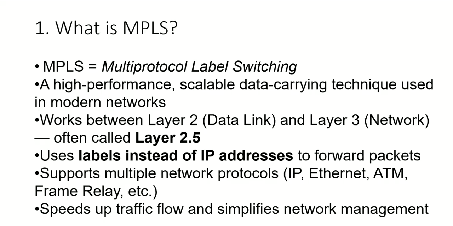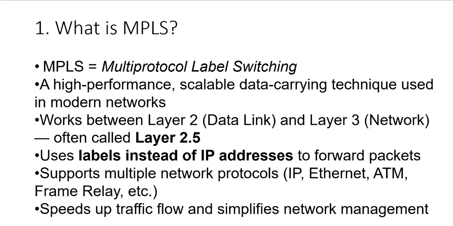And we learned that this works in the layer between layer 2 and 3. When we enable MPLS, where does the MPLS header fit? It fits in between layer 2 and layer 3. That's why it comes under the category of switching, not routing. MPLS, label switching. So we need the MAC address.